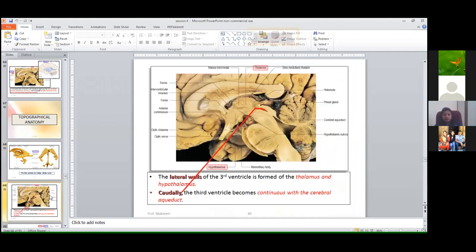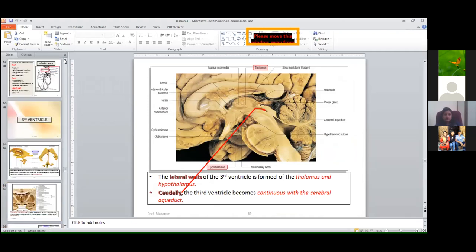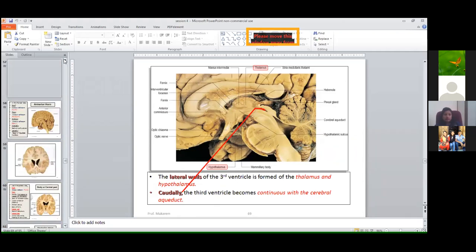The boundaries of this third ventricle are mainly formed by the thalamus and hypothalamus as the lateral boundary. This third ventricle continues with the cerebral aqueduct, which is present in the midbrain. This is the third ventricle. Coming to the important nuclei of the thalamus.